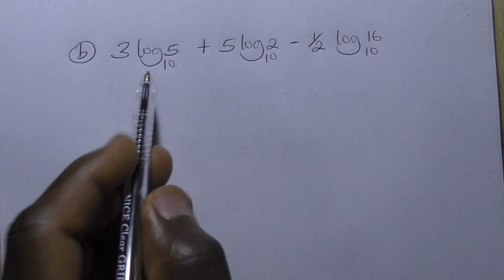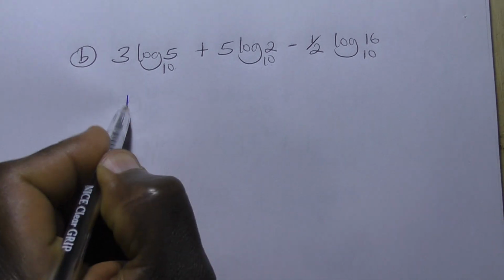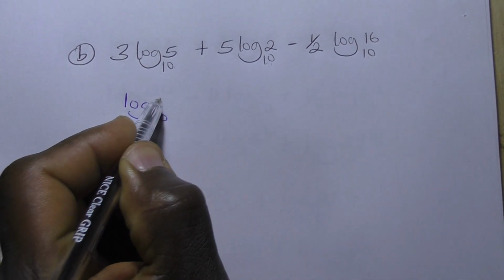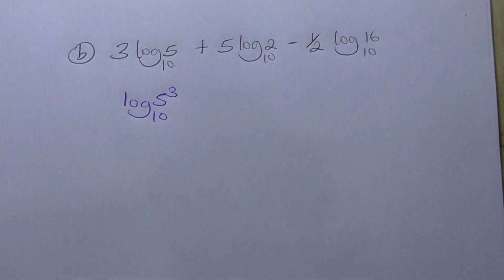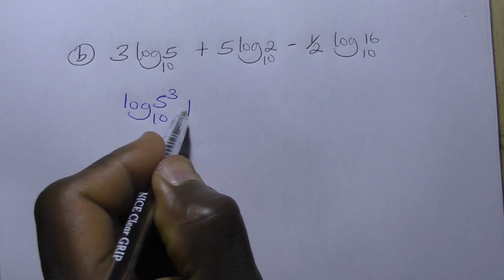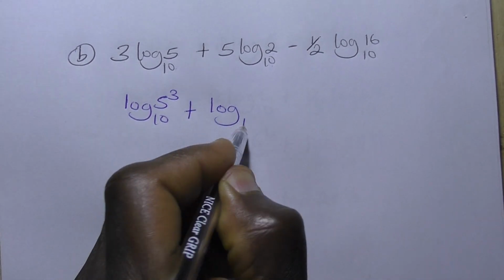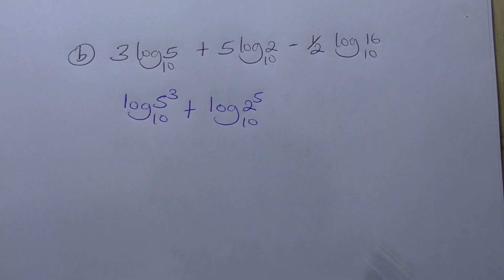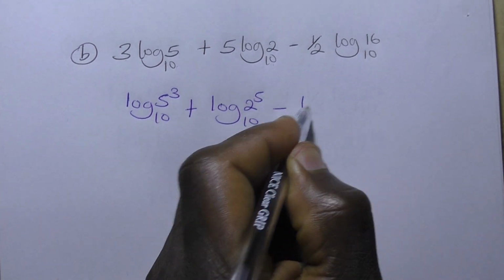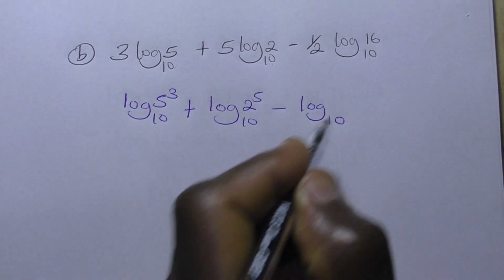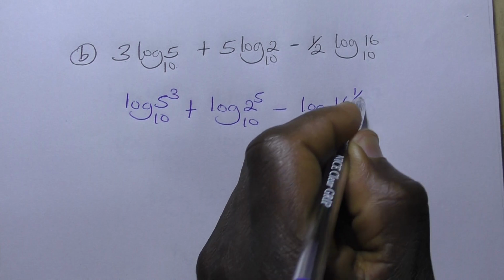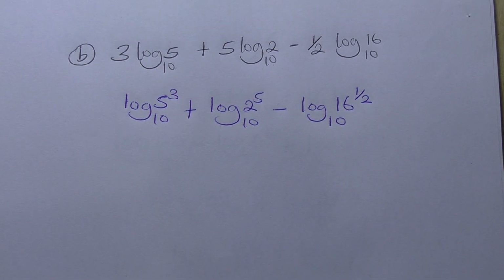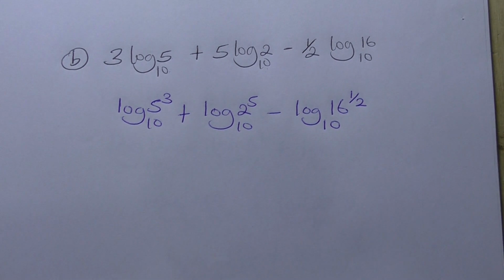That is to say, this one becomes log 10 5 power 3 plus log 10 to 2 power 5 minus log 10 16 power half. That is our first step.